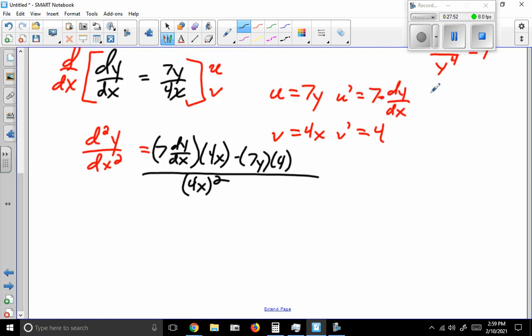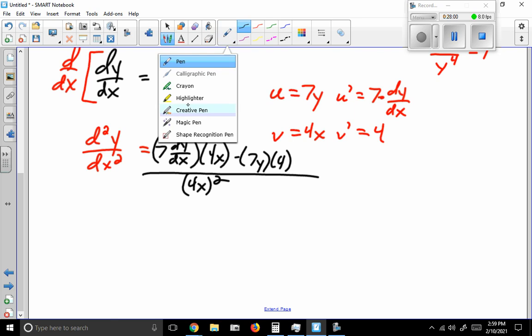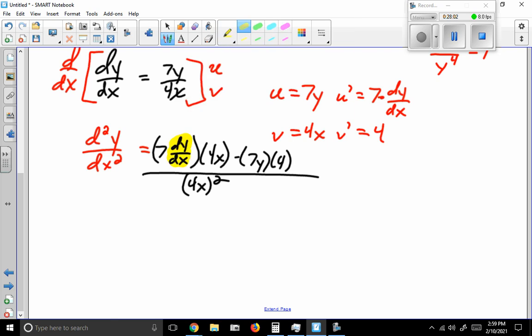Now, all of that's okay. The derivative of the top times the bottom minus the top times the derivative of the bottom, over the bottom squared. In our answer, we don't want to leave a dy over dx on the inside. We want our second derivative to be in terms of y and x, not dy and dx.